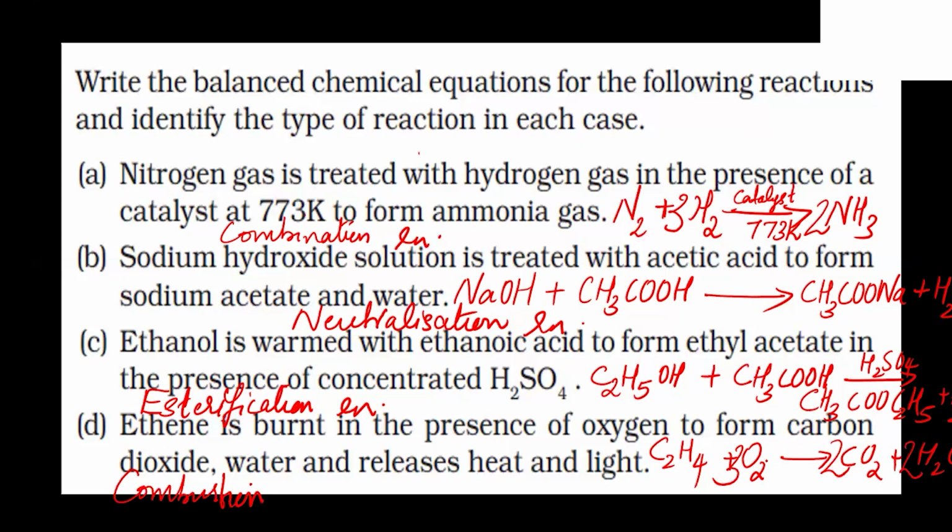And in metals and non-metals, there are so many reactions to study, like electrolytic refining, calcination, roasting. And in carbon compounds, you have to study combustion, esterification, substitution, addition, oxidation. So all these reactions are very important. You have to understand when something is reacting, which type of reaction is taking place.